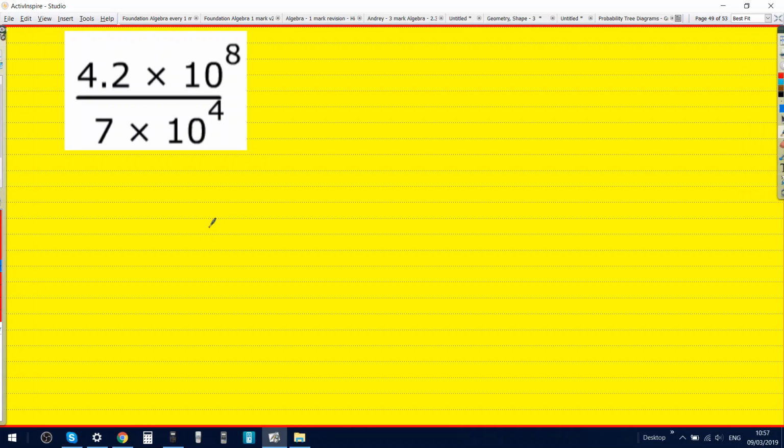So would you work out the numbers first? So 4.2 times 10 to the power 8 is 42 with 7 zeros. So you never do that. The purpose of standard form is so you can do these numbers. Otherwise, you'd have insane stuff. So you leave them as they are.